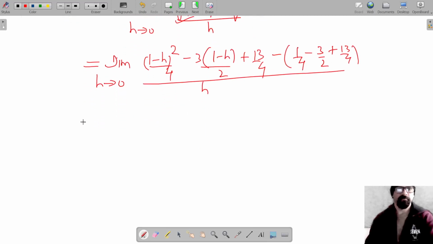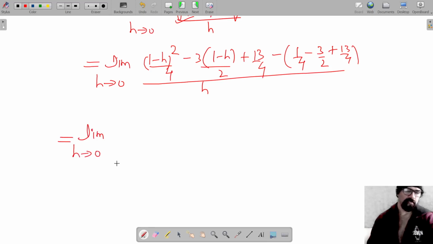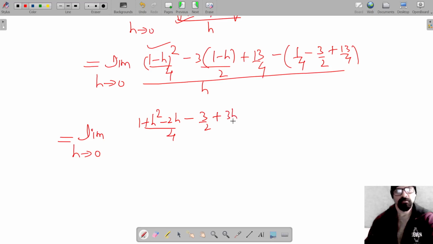Okay, let's try to simplify this. So now this becomes limit h tends to 0. I can use a plus b the whole square as a square plus b square minus 2ab by 4, minus 3 by 2 plus 3h by 2 plus 13 by 4. This is minus 1 by 4 plus 3 by 2 minus 13 by 4 upon h.